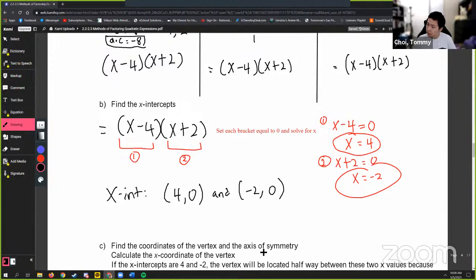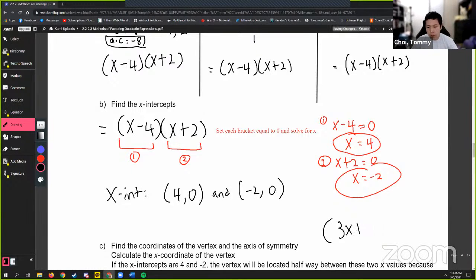Some of you might be thinking, oh, Mr. Choi, when we were in your grade 10 class last year, you said we can just find the opposite sign of what's in the bracket. Didn't you say that? I'm like, yes, I did say that. But that's not going to be true when you have something like 3x plus 2. How do you find the opposite sign of that when there's two numbers?